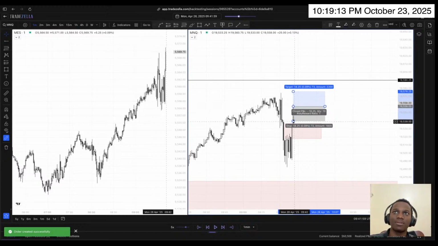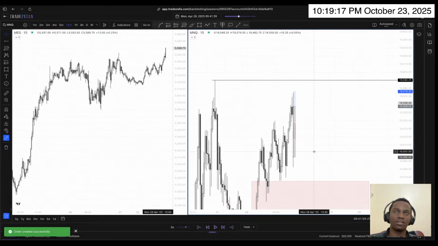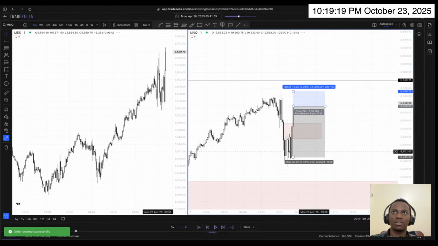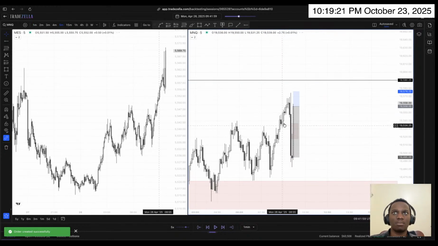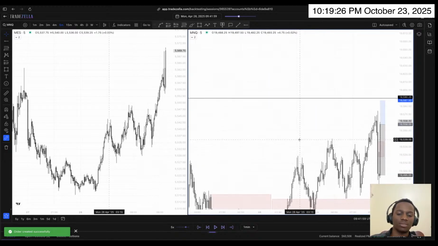Well, I think it's within a 5-minute gap though. That's the problem. 15-minute is okay. 5-minute, it's a gap. But if we execute by the rules, I mean, it's okay.